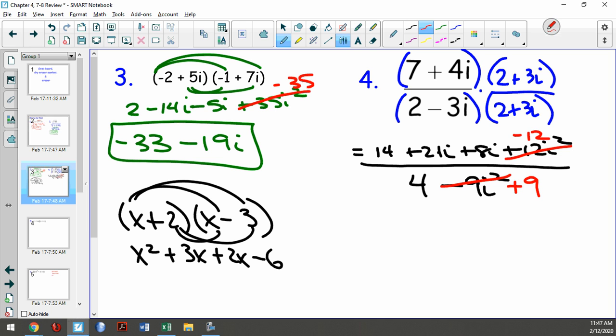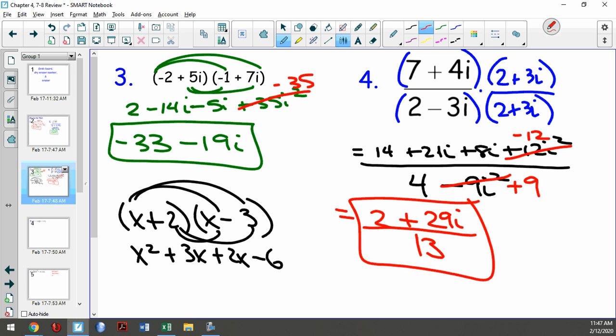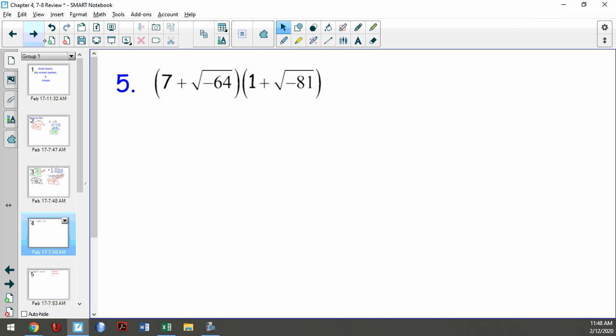So what is 14 minus 12? 2 plus 21i and 8i give you 29i, all over 4 plus 9 gives you a 13. Be very careful. Do we all understand that? We good? When you use this method, there is no i's in the denominator. You will have a problem like that tomorrow. Okay, keep going.